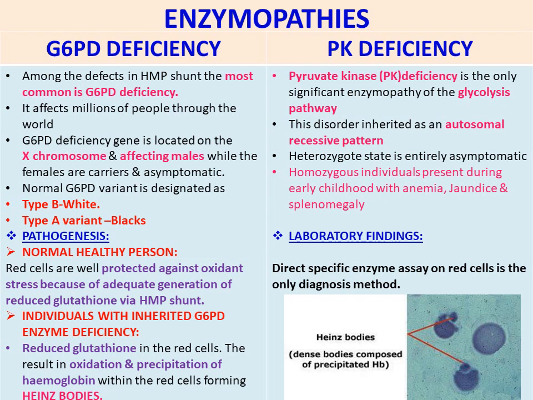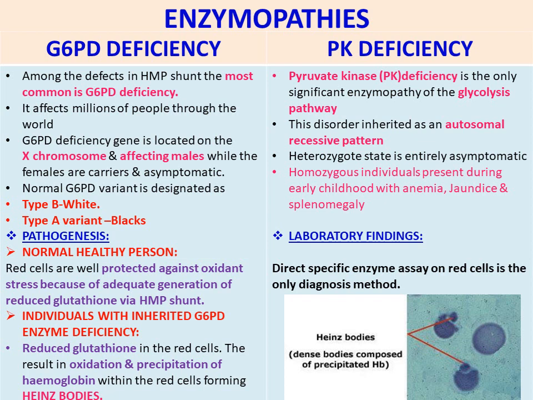This results in oxidation and precipitation of hemoglobin within the red cell, forming Heinz bodies, dense bodies composed of precipitated hemoglobin, as shown in the diagram.